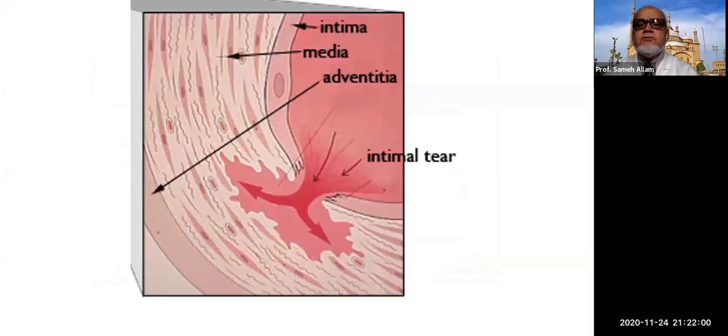So in terms of dissection, what is meant by uncontrolled? In dissection, an intimal tear occurs. The blood flows from the lumen of the blood vessel through the hole in the intima and spreads, splitting the medial muscle fibers and causing a false lumen.